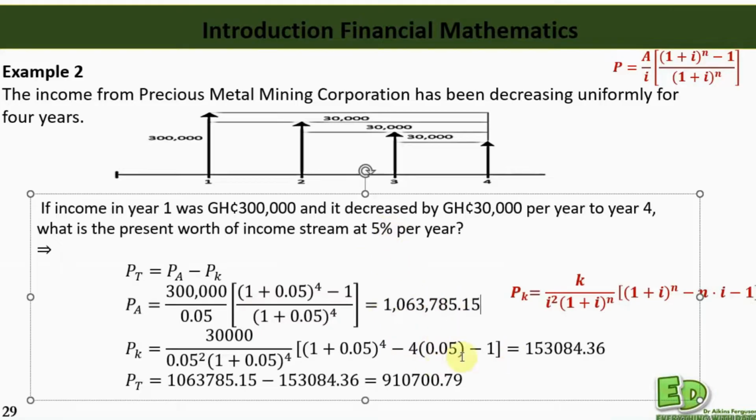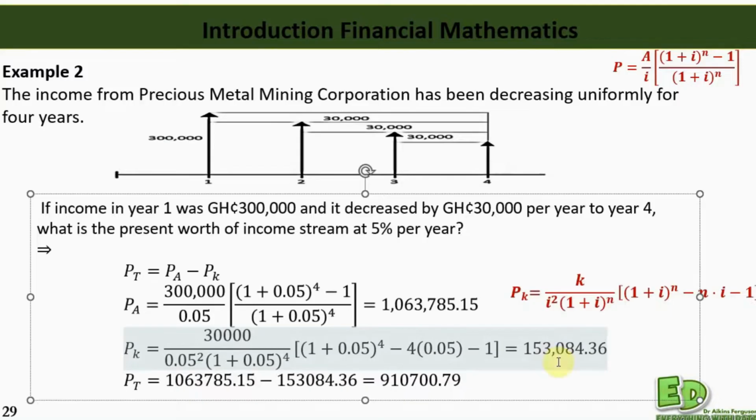You find the present value of that constant decrement, or the decrease, which is 30,000. So 30,000 here, over the interest squared, times 1 plus the interest raised to the power 4 and so on, will also give you an amount of 153,084.34.